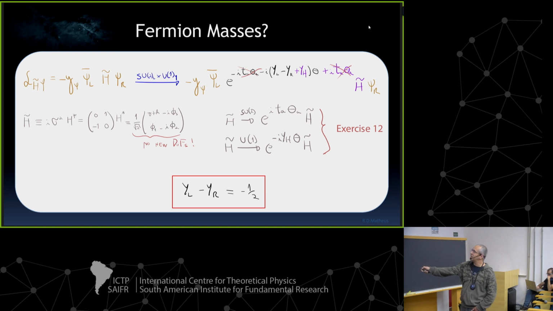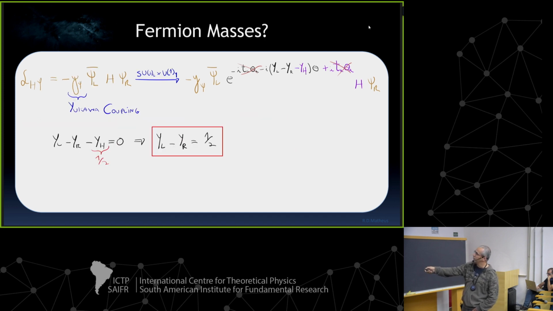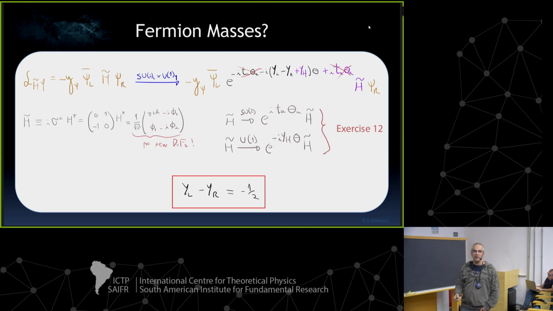But since I have H star there, the hypercharge occurs with the opposite sign. So for this term, the condition you have to satisfy is this one. Remember the first one, the difference between the left and right-handed hypercharges needed to be 1/2, and for this one, the difference needs to be minus 1/2.